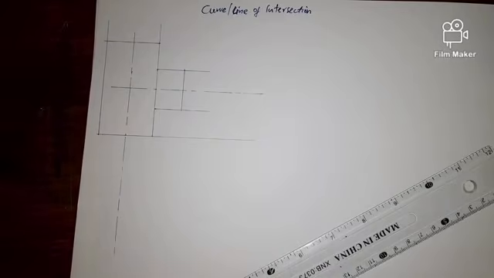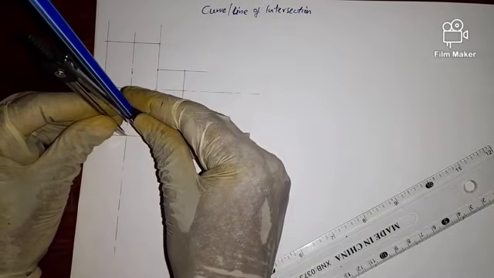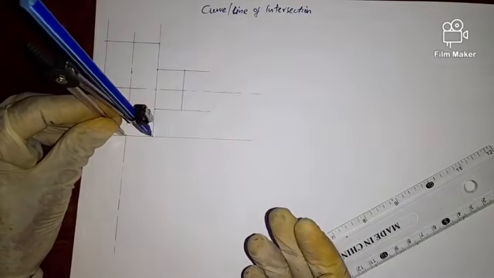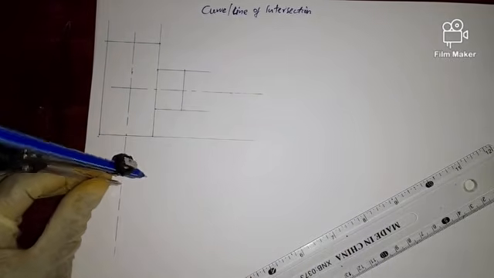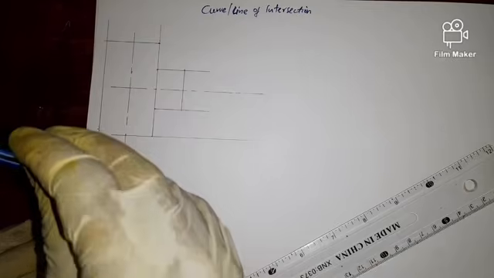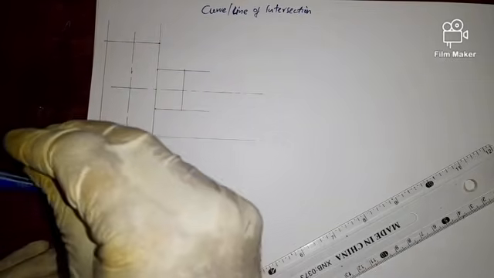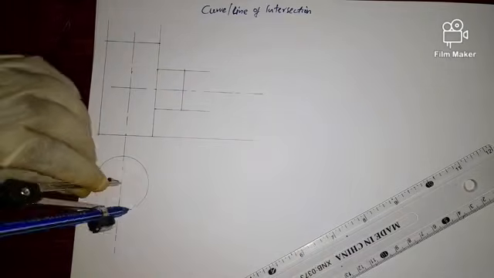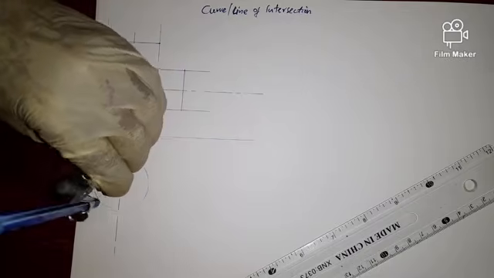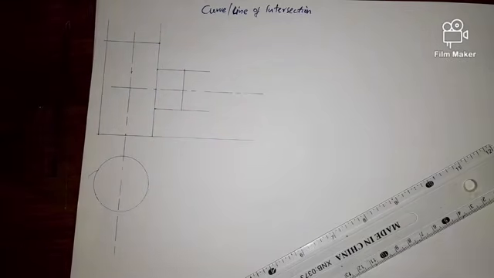Now let's say our circle is going to be drawn anywhere on that center line, and our circle is of radius 20. So let's say we are going to draw it here. That's our circle.